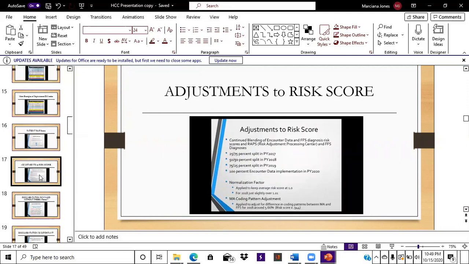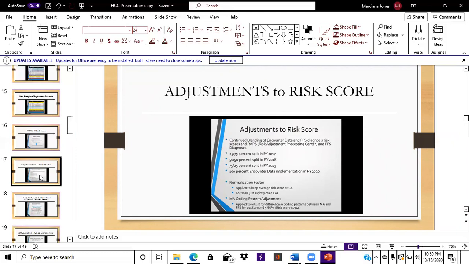So, adjustments to risk score. I'll just go over a few numbers that I got from reading through CMS and things like that. It's more important to understand because more and more things are adjusting and happening as time passes. In the past, these risk scores were determined by the Risk Score Processing Center, which gathered all of this information from all of these payers.